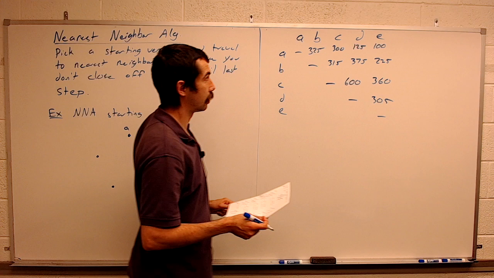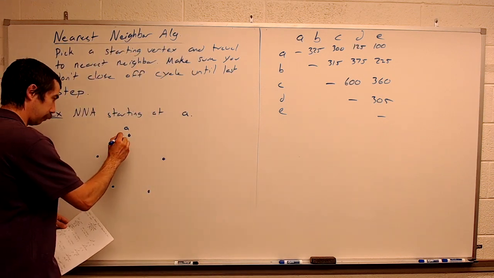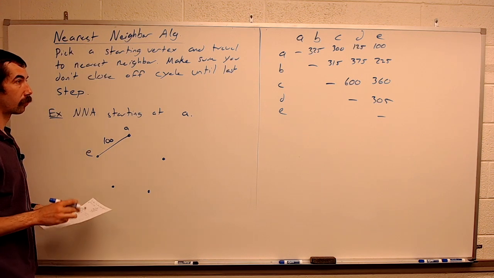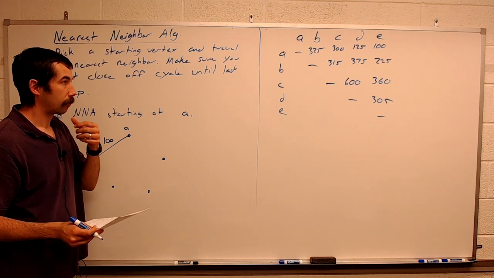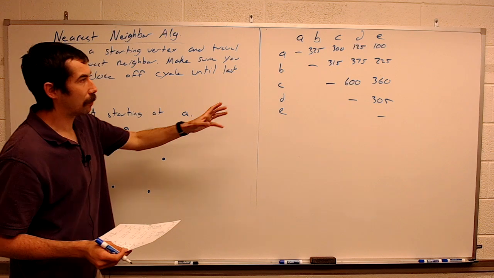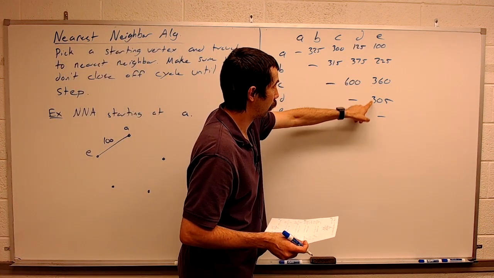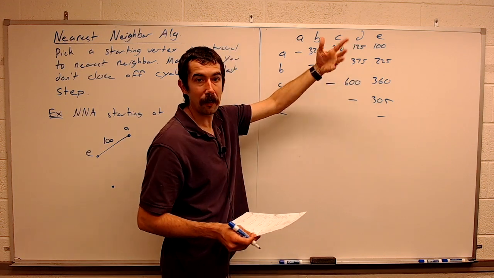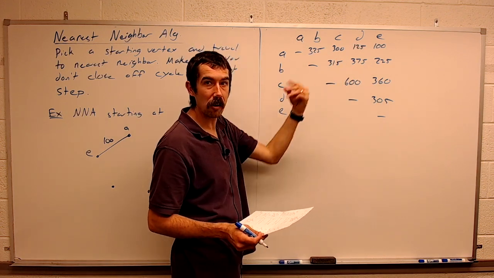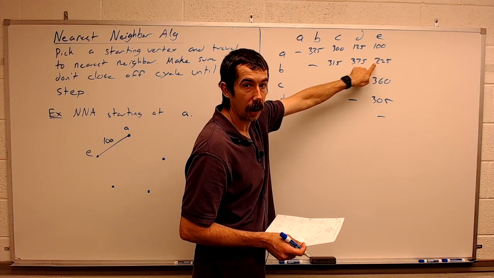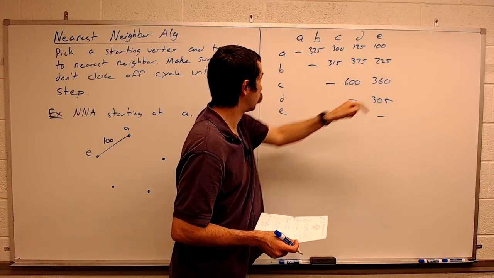E is the nearest neighbor. Okay, what are E's neighbors? Well, here are the weights of E's neighbors. Again, we're going to pick the nearest neighbor, just making sure we don't go back to a vertex we've already seen. So 225.